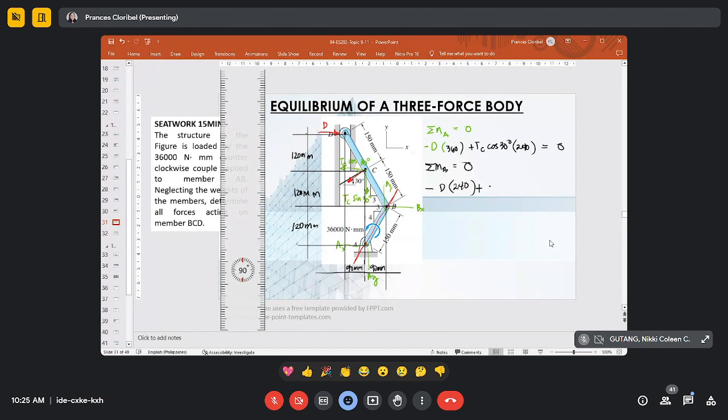So plus TC cosine of 30 times the perpendicular distance, 120. Next, the y component, also going toward B, has a perpendicular distance of 90, counterclockwise again. So plus TC sine of 30 times 90 is equal to 0. Did you follow?